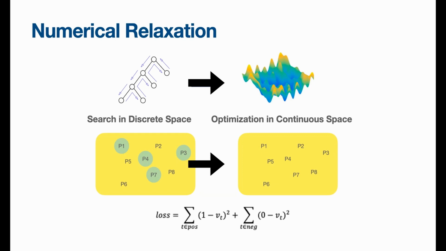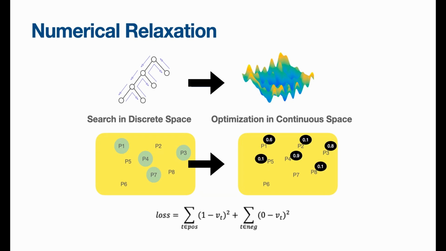And the loss function basically says that these weights you have added to the rules are as close as possible to the positive examples and as far away as possible from the negative examples. This can be optimized using common techniques like gradient descent and so on.